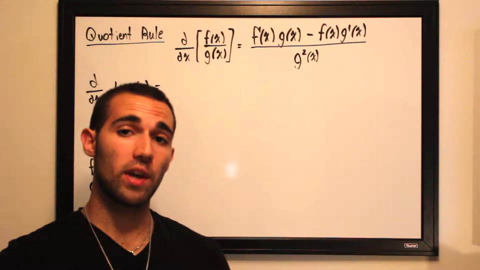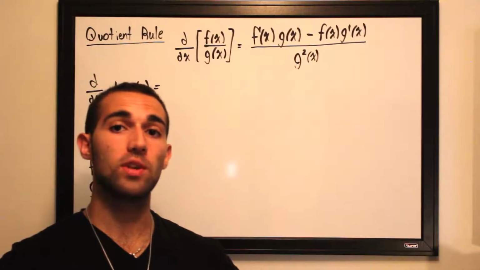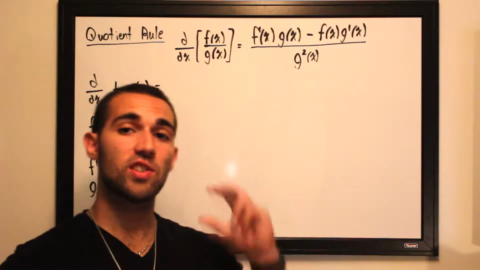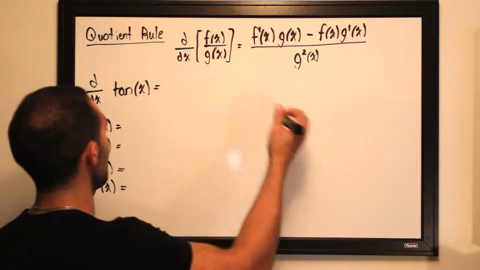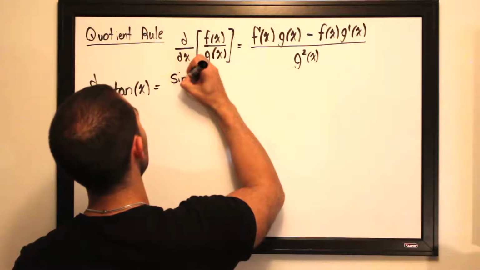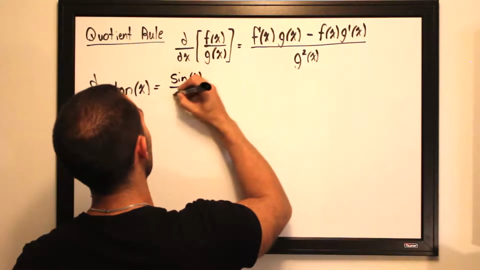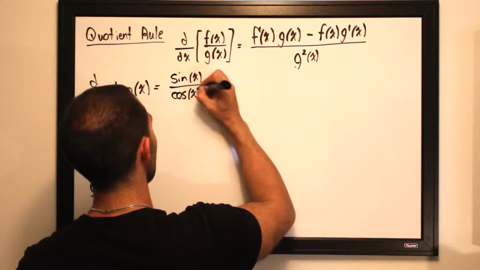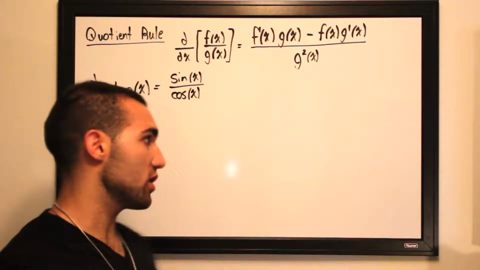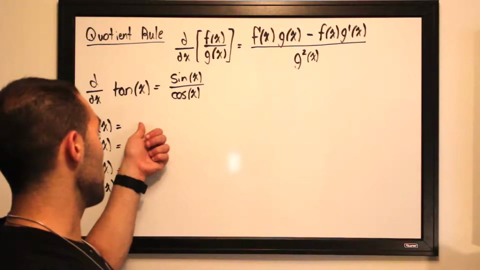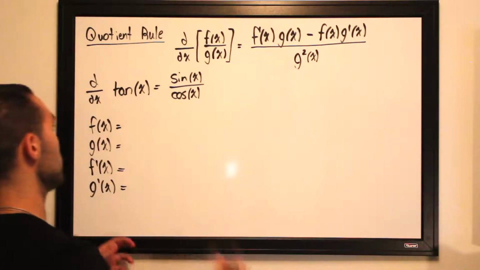So essentially what we can do for this is split it up into its constituent functions, which is sine in the numerator and cosine in the denominator. So tangent of x is equal to sine of x divided by cosine of x. And then we can take the derivative of it using the quotient rule, which we had just learned. So our f of x will be what's in the numerator, which is sine of x.